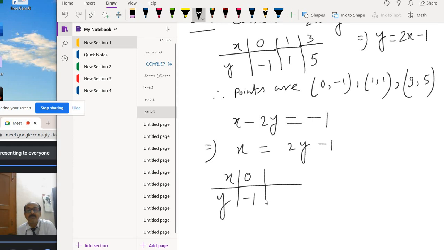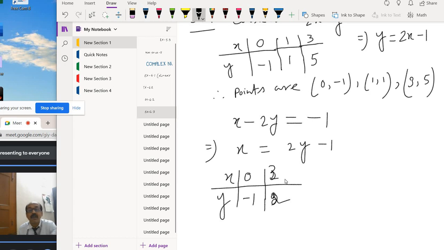Now another point. Take y equal to 2, then 2 into 2 is 4. 4 minus 1, 3. So y is 2 and x is 3. y equal to 2, x equal to 3.